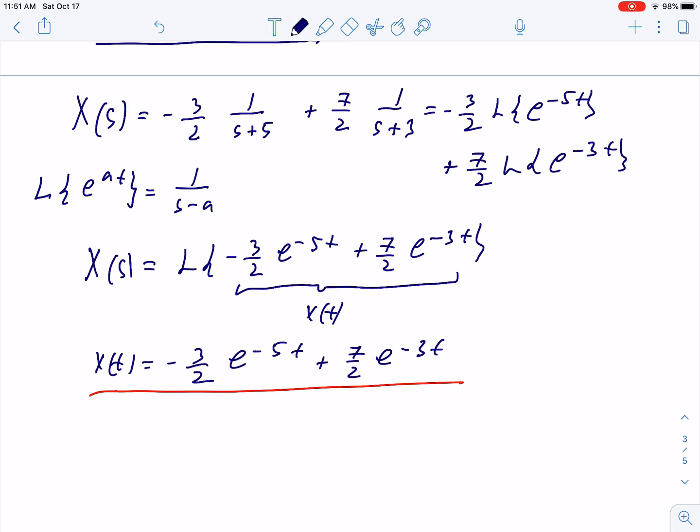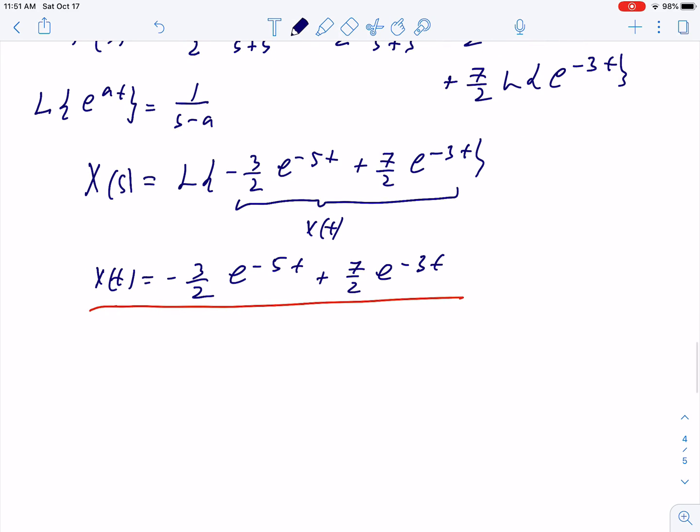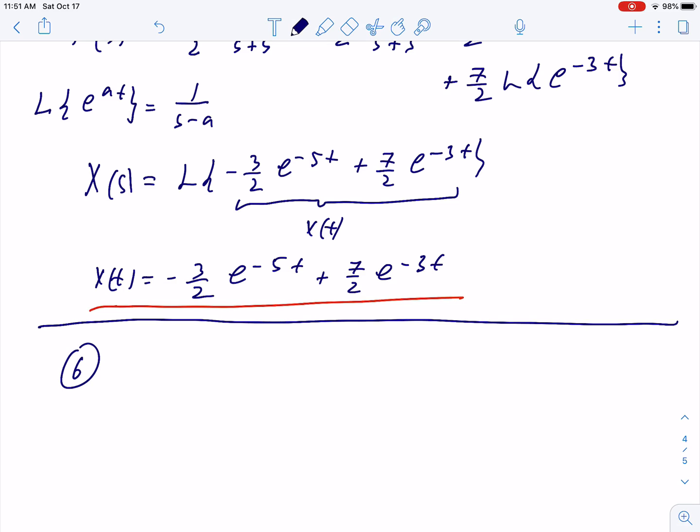Okay, we continue further. Here I shall go now to example 6, problem 6, section 10.2. Solve the equation x second derivative plus 4x equals cosine t.